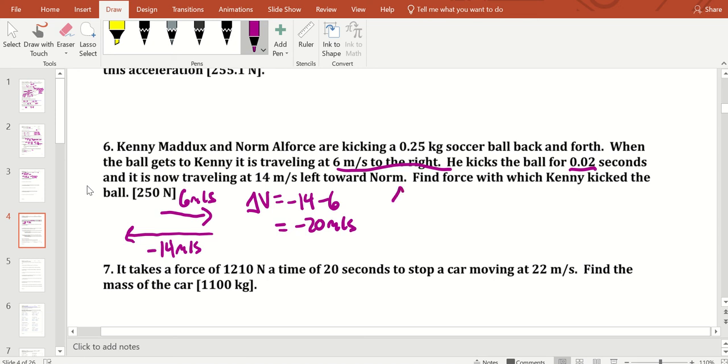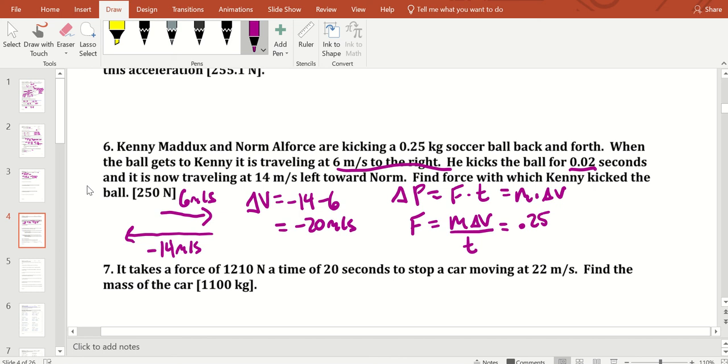So this is going to matter because when you plug it into the impulse equation, force times time or mass times change in velocity, we're isolating for force here. So force is equal to mass times change in velocity all over time. So your mass was 0.25.